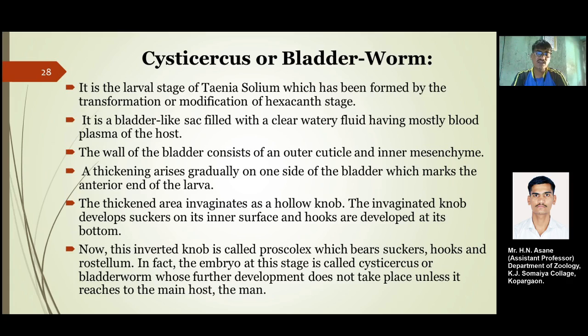The thickened area invaginates as a hollow knob, forming a lumen, as in picture D. The thickened area of this bladder invaginates as a hollow knob, and the surface hooks are developed.